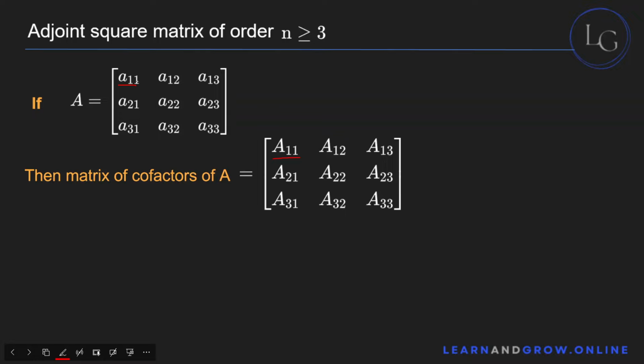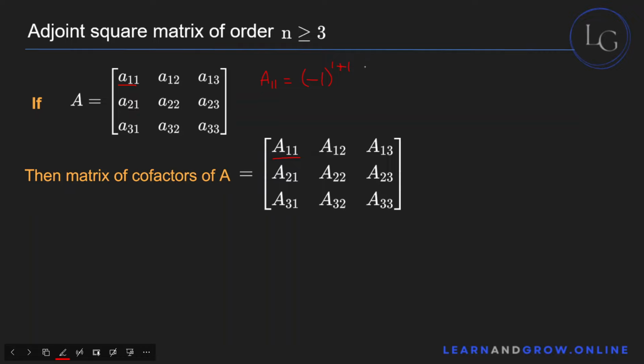So the cofactor of A11 here would be -1 raised to the power 1, the row number, and 1, the column number.